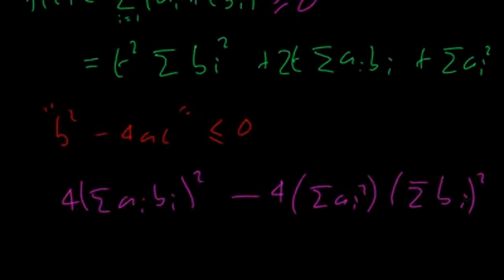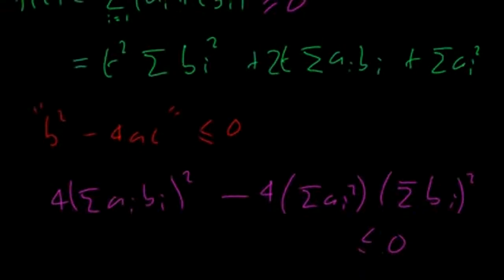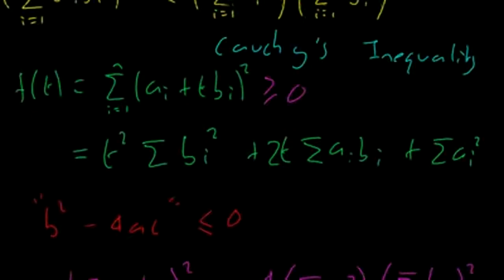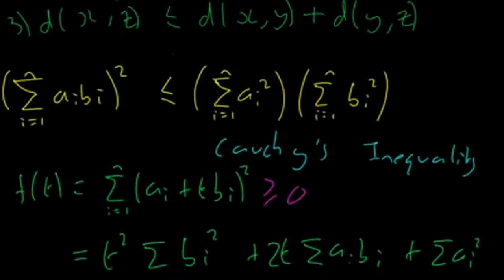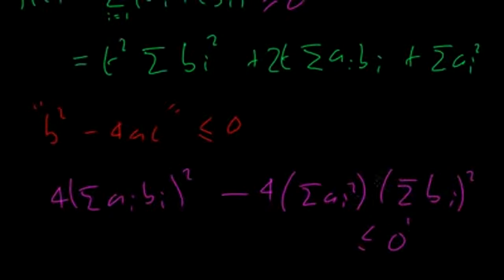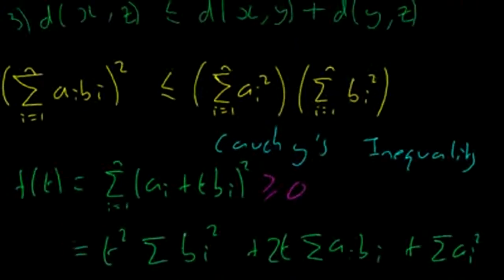And this whole thing is less than or equal to 0. And so we're done. If we remove this factor of 4 and then add this term to the other side, we get the original inequality. So this is proved. I hope the step from this thing to this thing is pretty straightforward.